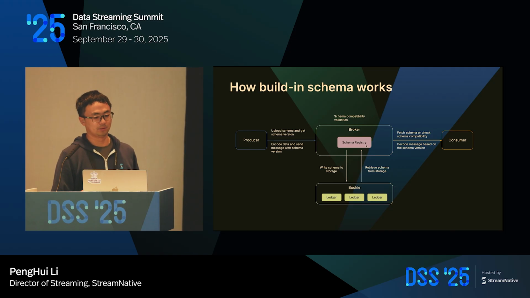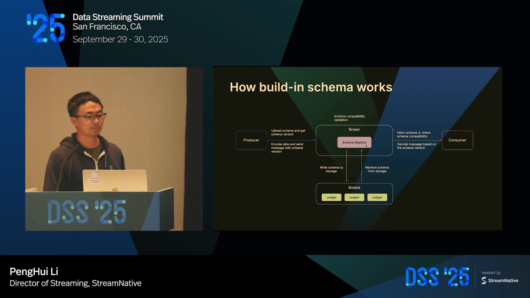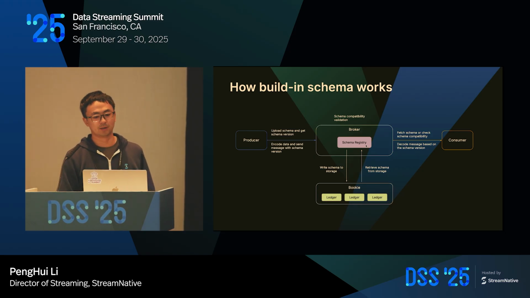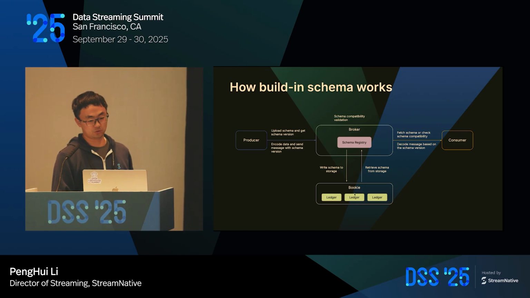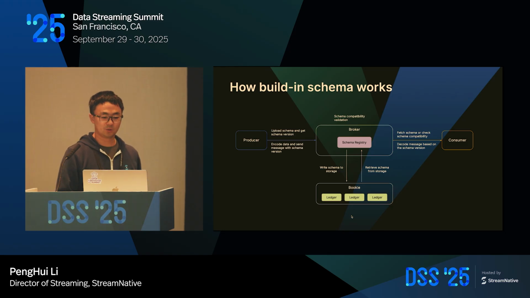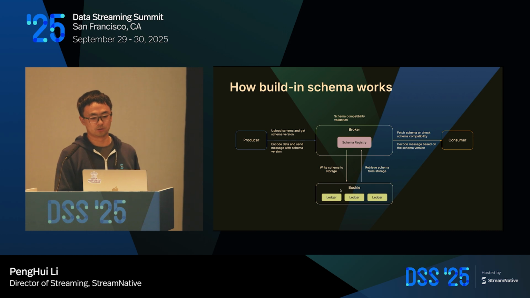If an unexpected schema is uploaded that is not compatible, depending on your compatibility strategy, the broker will either reject or accept your new schema. Since we have BookKeeper as the storage of Pulsar, the schema is finally stored in BookKeeper directly. No extra storage, such as a database, is required for Pulsar. It's just a simple Pulsar deployment.